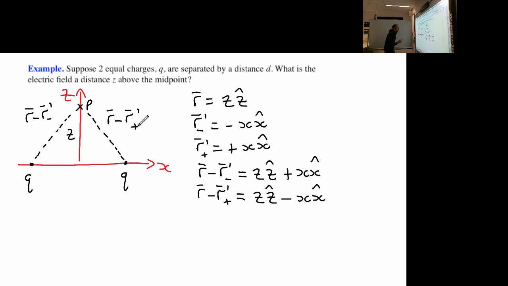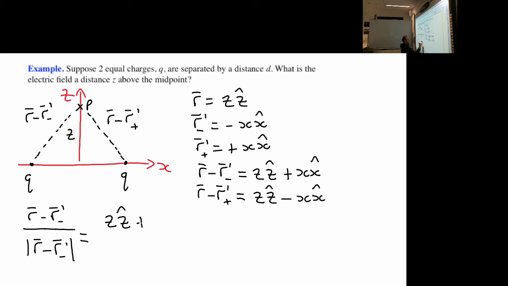And we can now write out our unit vector for each of these. So we would have r minus r prime negative over the magnitude, and this will be equal to z hat plus x hat over the square root of z squared plus x squared.